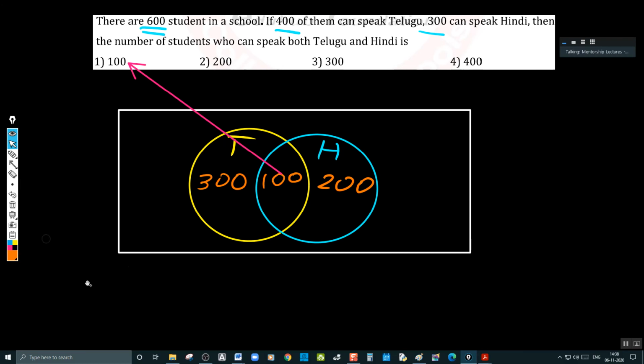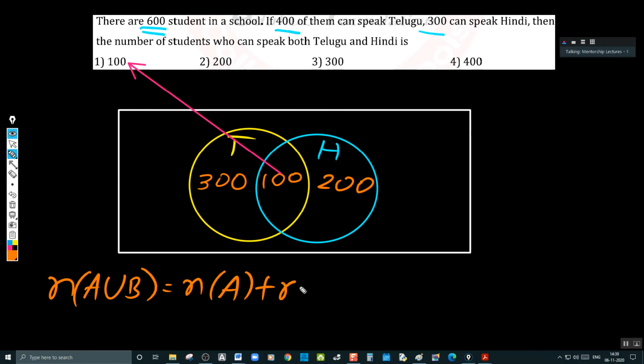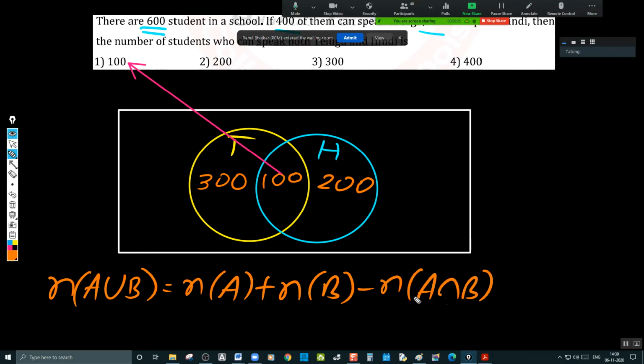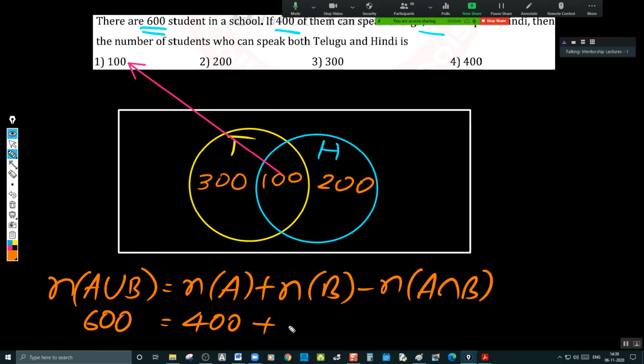What he's saying is N of A union B is equal to N of A plus N of B minus N of A intersection B. N of A union B is given to be 600 here. N of A is given to be 400 here. And N of B is given to be 300 here. And what we want is N of A intersection B.